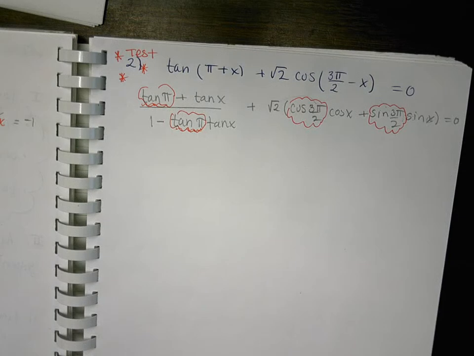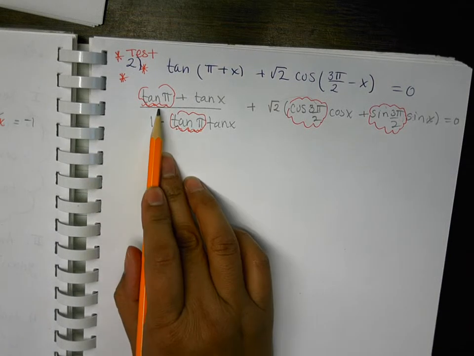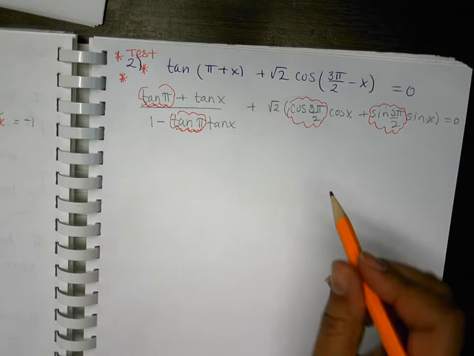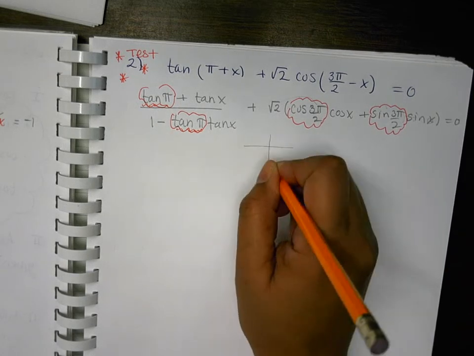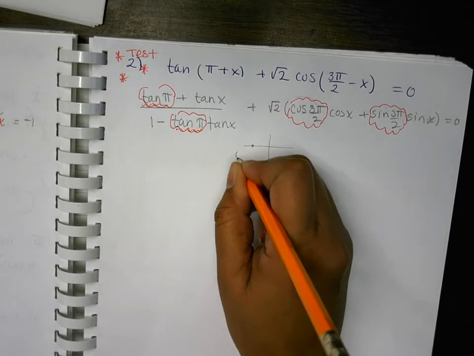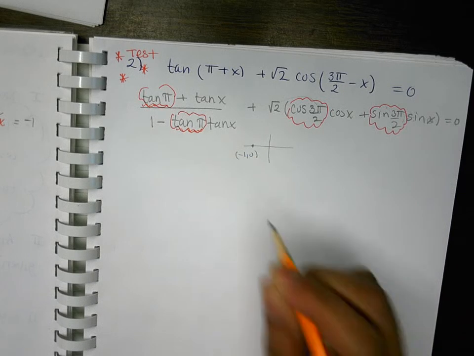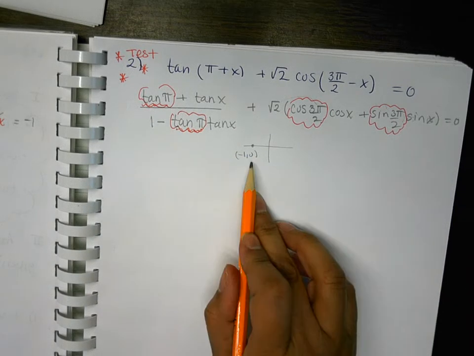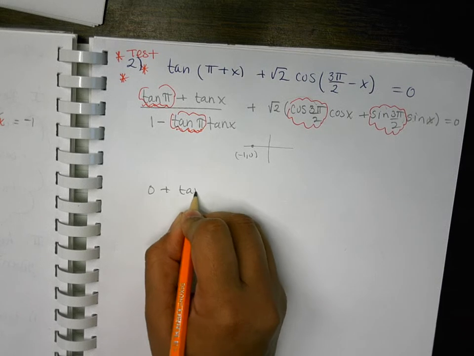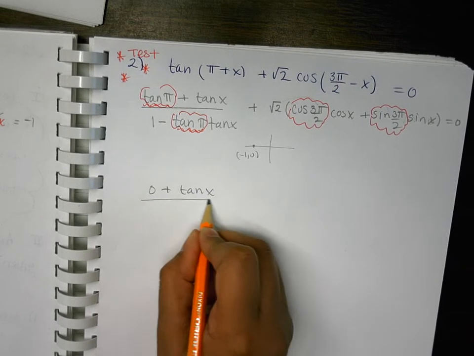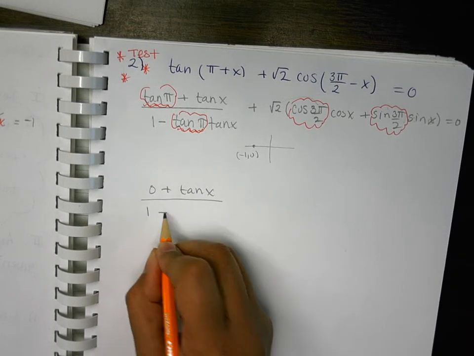Okay. Tan of pi. What is tangent of pi? Pi is here, and it's what? -1, 0. And tangent is y over x. So what is it? 0 plus tan of x all over 1 minus tan of pi comes up again.